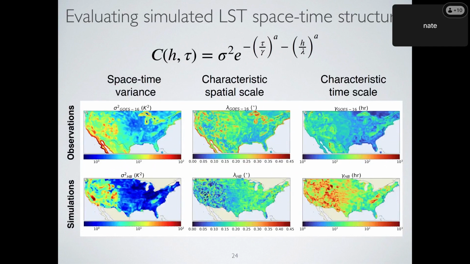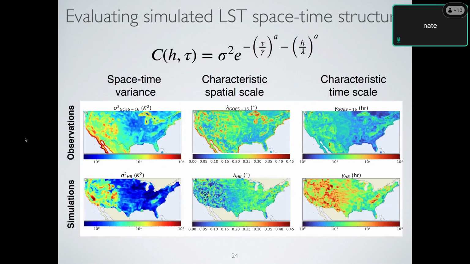And then the last one I want to show here, before I talk about where the ideas of CLASP are going, is what we're also doing in evaluating. We're taking some observations from satellite, from GOES, of what the space-time structure of the land surface temperature looks like over multiple summers, and then using that to evaluate what the space-time structure of our land models looks like.